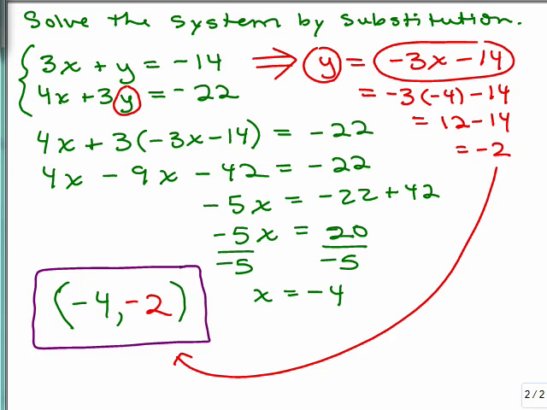Now we want to check this in the original two equations. Always check it in both equations. Alright, so I'm going to have to scroll down to find room to do this. I'm going to write the two equations here. 3x plus y equals -14, and the other equation was 4x plus 3y equals -22.